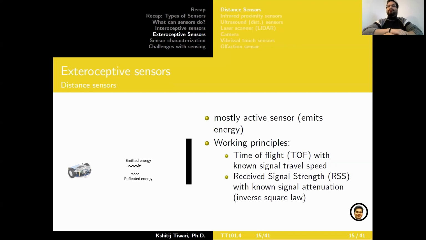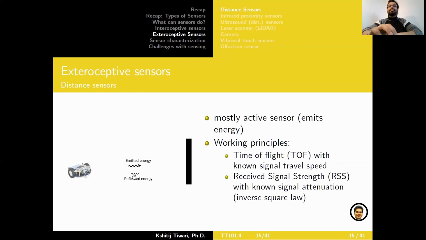Now, a couple of things to take note of here. Note that I have shown the reflected energy as a bit smaller than the emitted energy. This is not a typo. This is done on purpose. The reason being, when you emit the energy, the intensity gets attenuated, because when it bounces off an obstacle, some of the energy might be refracted, and some of it might just be absorbed by the obstacle.